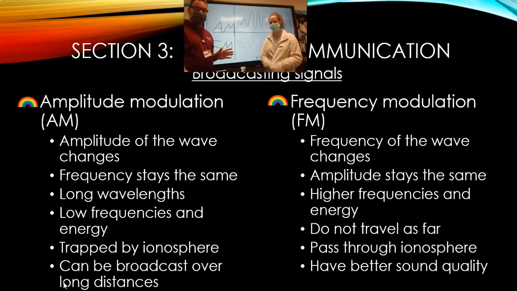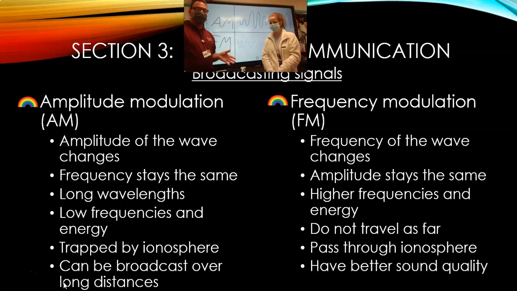So that tells us that AM has a longer wavelength, lower frequency, lower energy. FM has the higher energy and is going to have higher frequencies. And this is what's actually going to allow it to pass through our ionosphere, which is part of our atmosphere, because it has that higher energy and is capable of escaping.